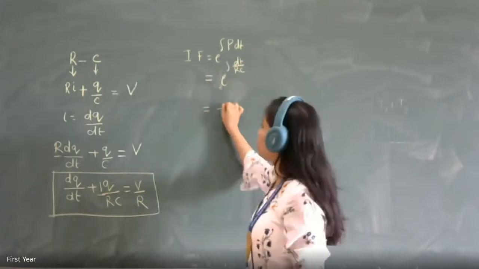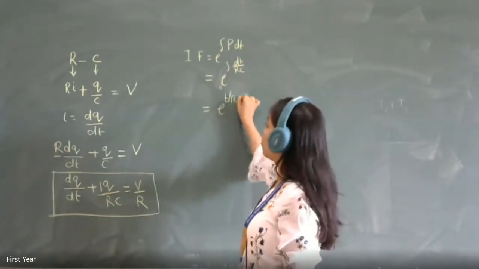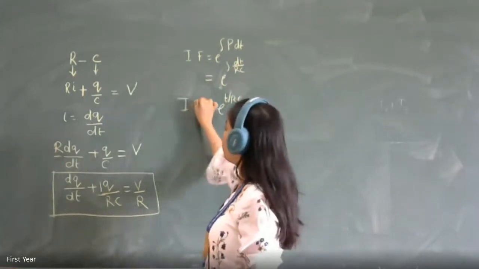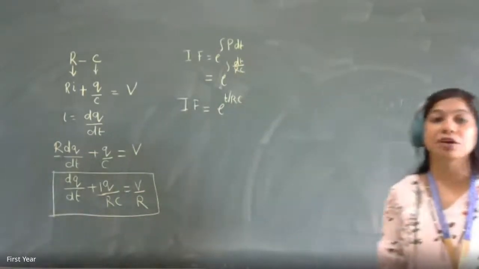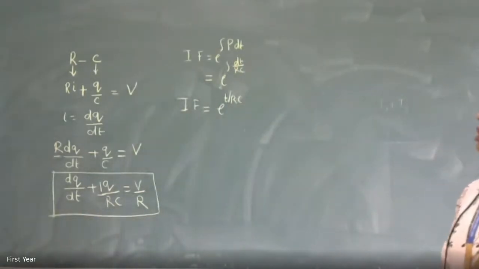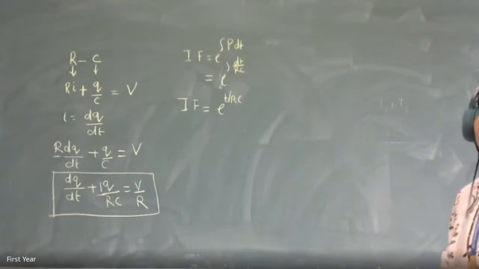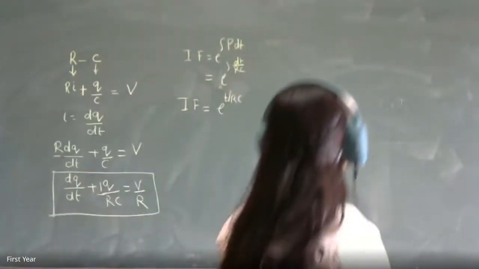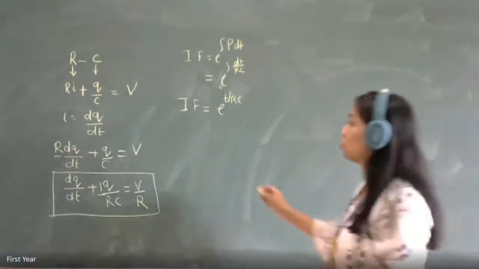R is a constant, so it is e raised to t by RC. This question will be in your lecture: what is the integrating factor for the differential equation of an RC circuit? e raised to t by RC. Absolutely right. Very good. And then what's the solution?